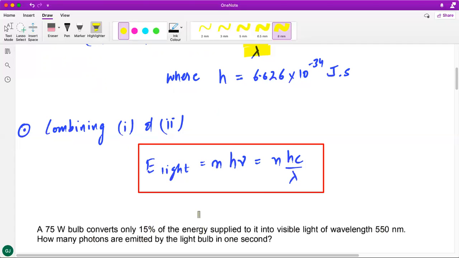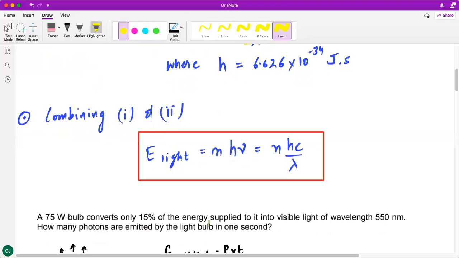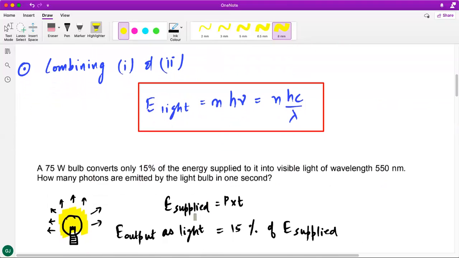So now we'll try to comprehend the question, try to visualize what is happening. There is a bulb which consumes certain energy. There is an amount of energy that is supplied to it. And based on your junior class knowledge, I hope you remember the formula of power, and based on that you are able to understand the energy supplied to the bulb.